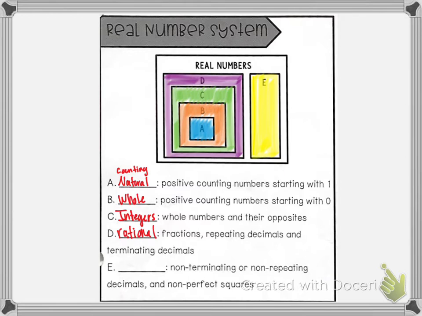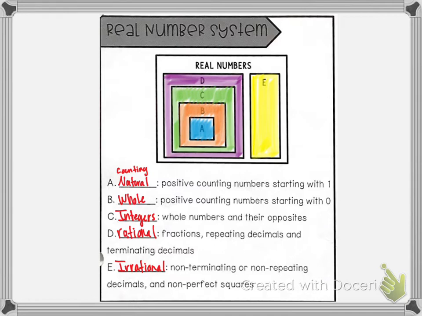E is going to be non-terminating and non-repeating decimals, so they don't end and they don't repeat, and they're non-perfect squares. So they're going to be like square root of 2, square root of 3, right? Something that's not a square. And those are going to be irrational numbers.